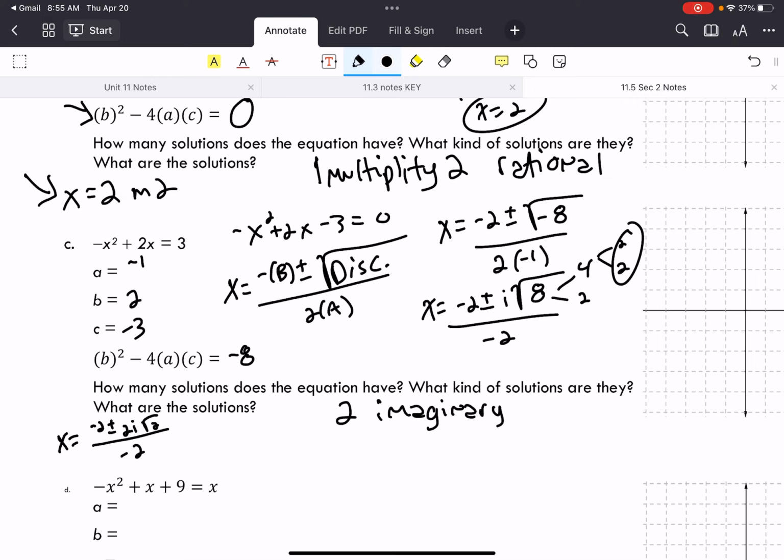So pause there for a second. How on earth do I graph that?